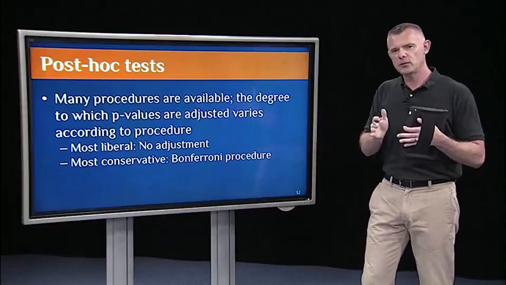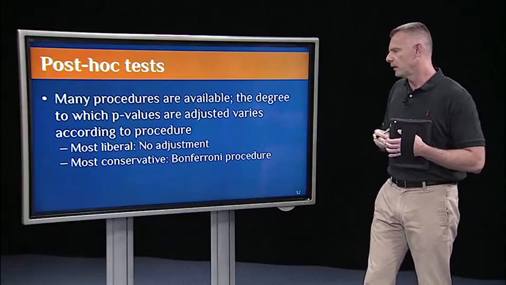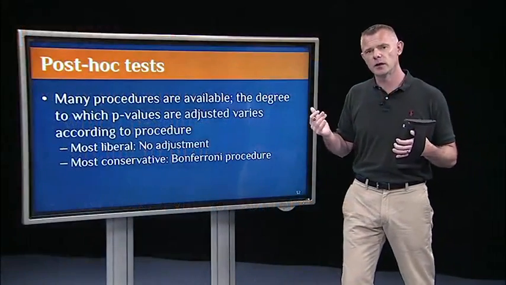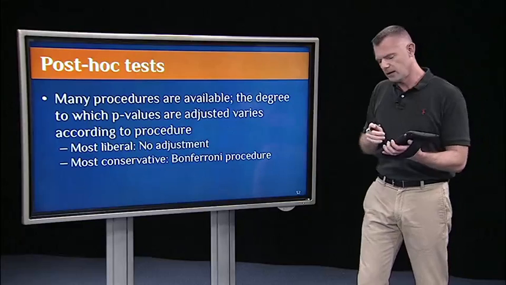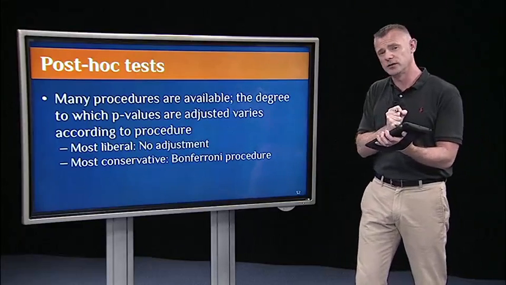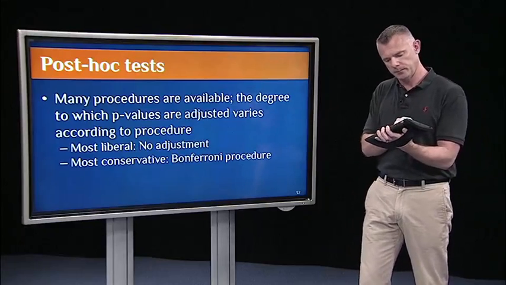I'll talk about a few and how they differ and why. Again, the most liberal would be to do no adjustment, which is inappropriate. The most conservative is Bonferroni's procedure, which is a relatively well-known procedure, if not often used. It's maybe not as often used as Tukey's because it's so conservative.